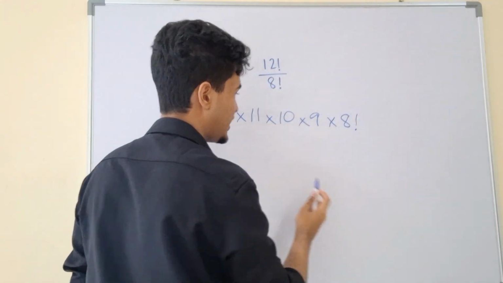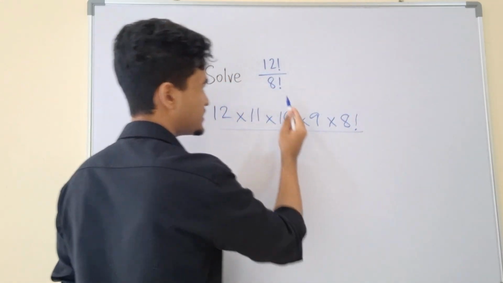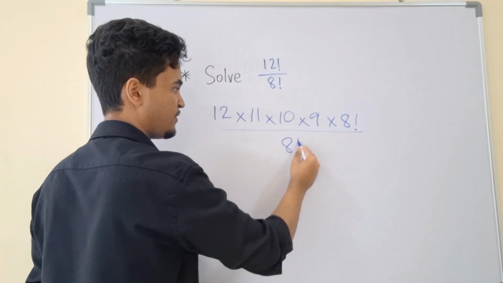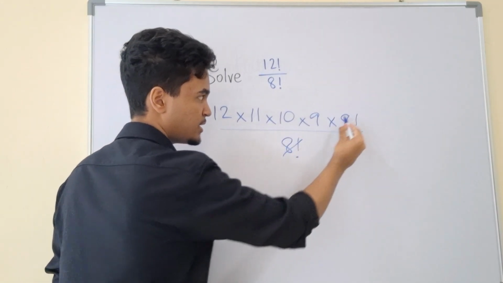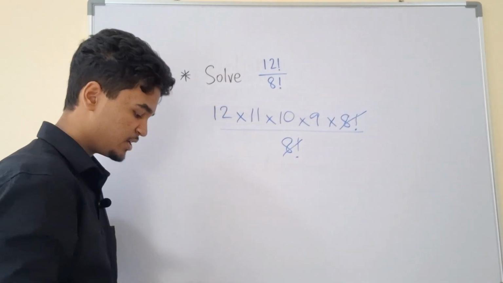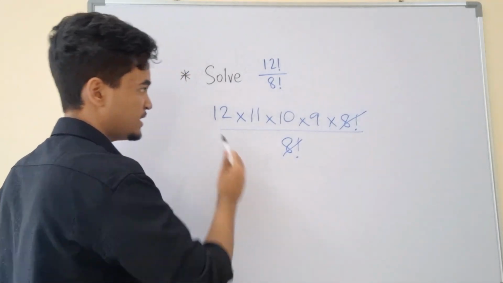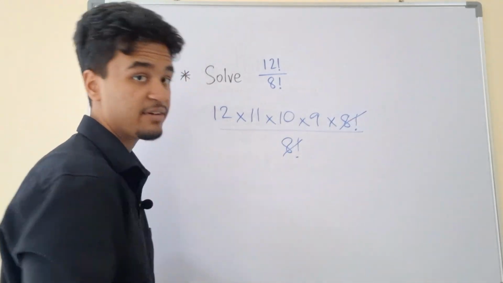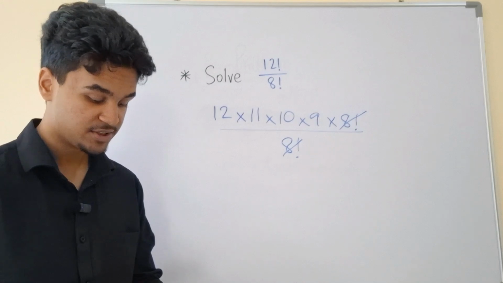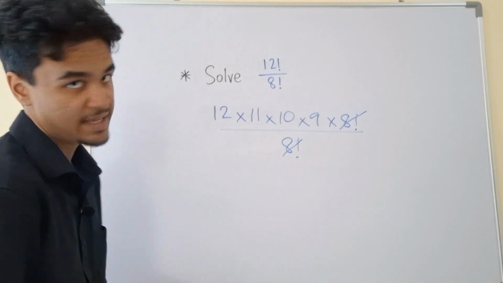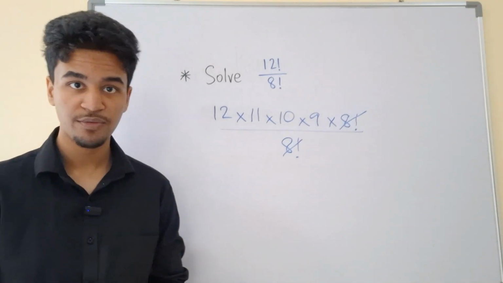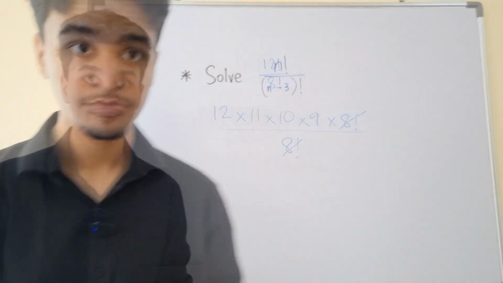So you can end it at 8 factorial, and since the question is over 8 factorial, you can cancel the 8 factorials. You're left with the answer here. Now I don't have a calculator with me, so I can't calculate what that answer is, but yes, that is a simpler way to solve questions like this.